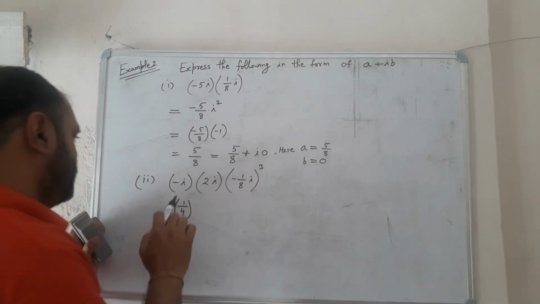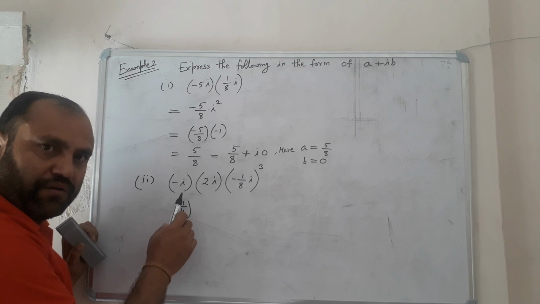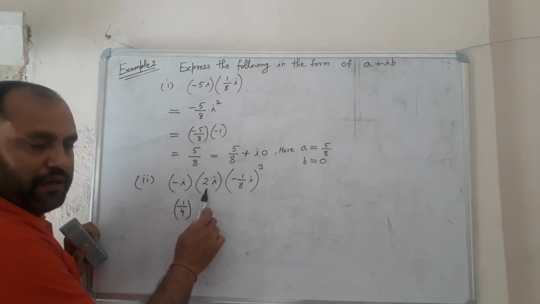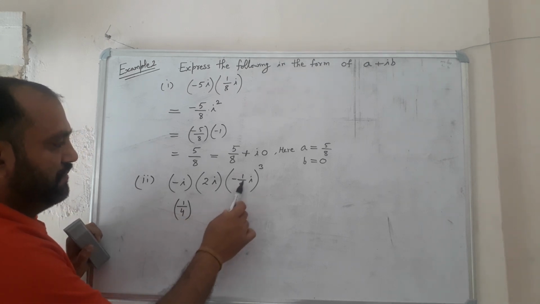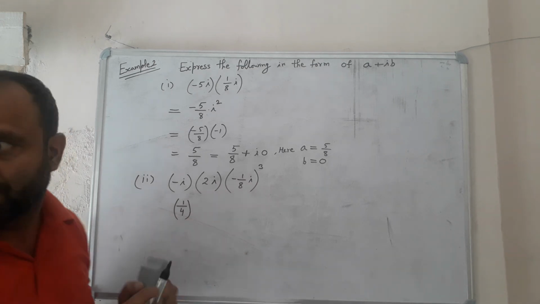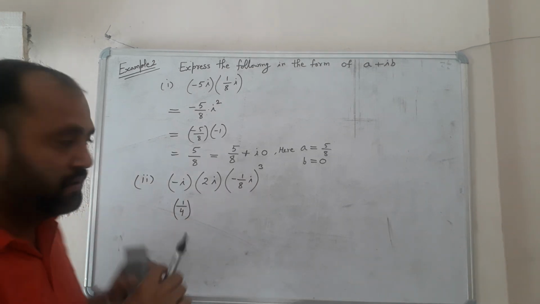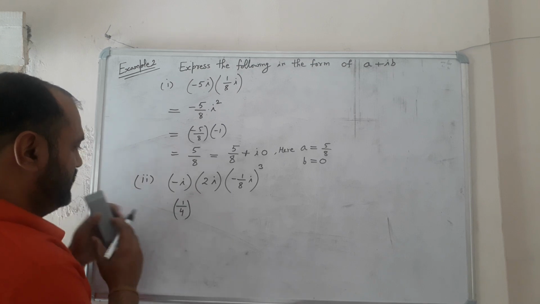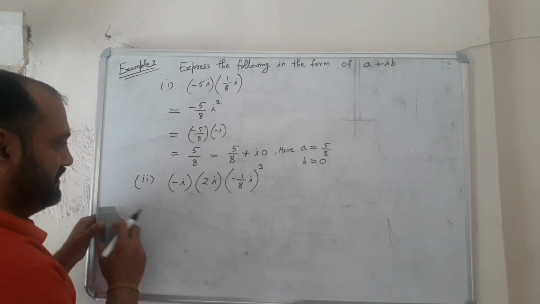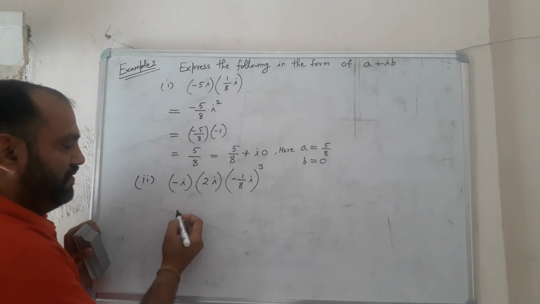Second part is minus iota into 2 iota into minus 1 by 8 iota whole cube, right? So firstly we multiply the coefficients of iota.